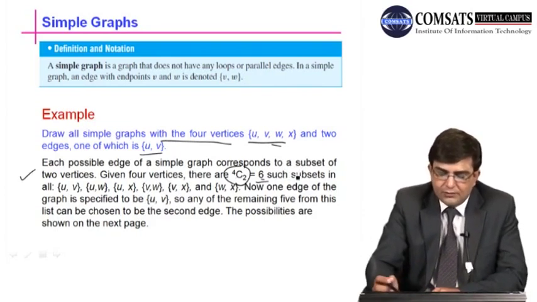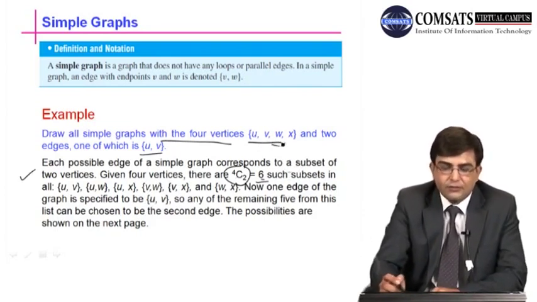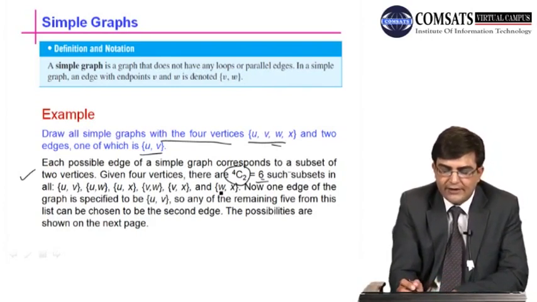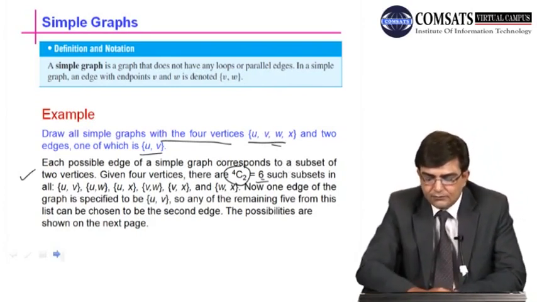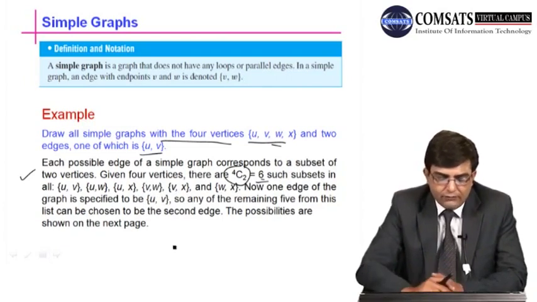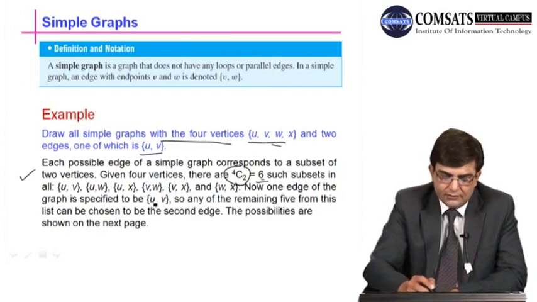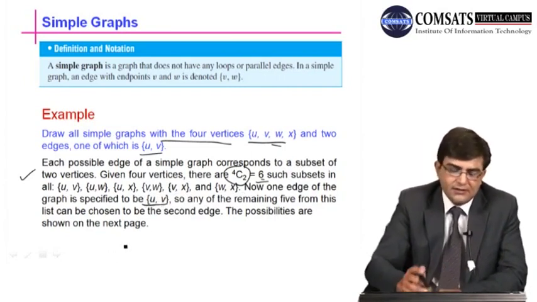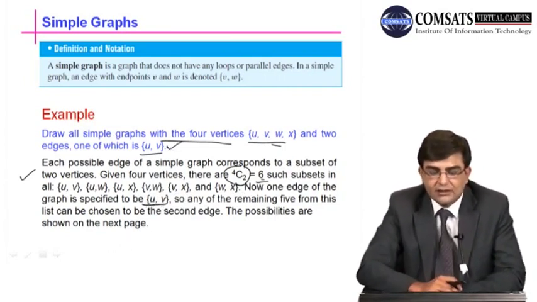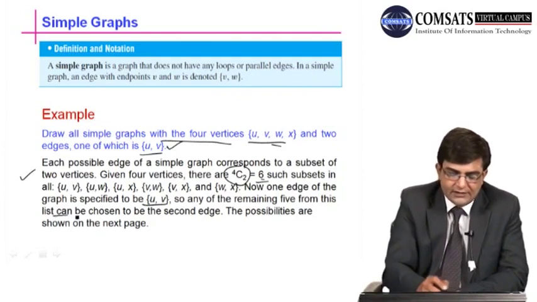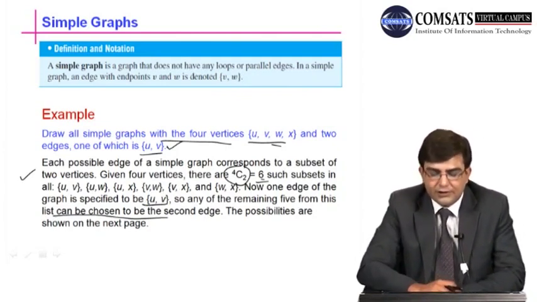And all possible subsets of this set of 4 elements are basically uv, uw, ux, vw, vx, and wx. So one edge of the graph is specified by uv. This is a must, because this is required in the example. So any of the remaining 5 from this list can be chosen to be the second edge.